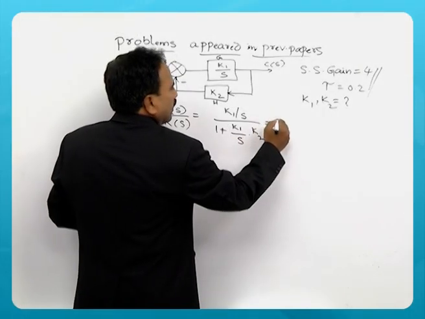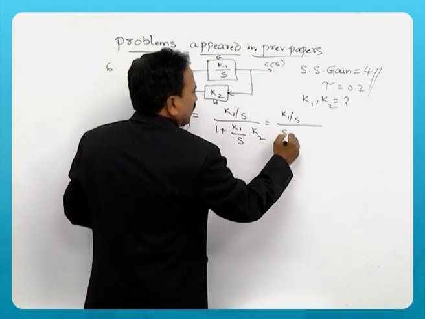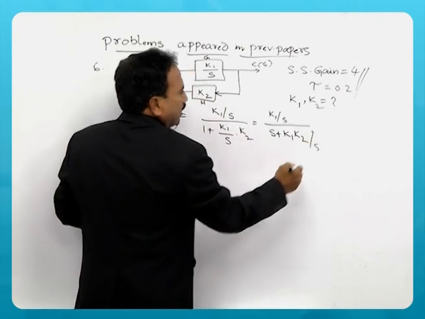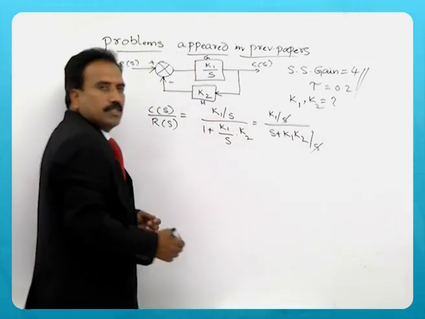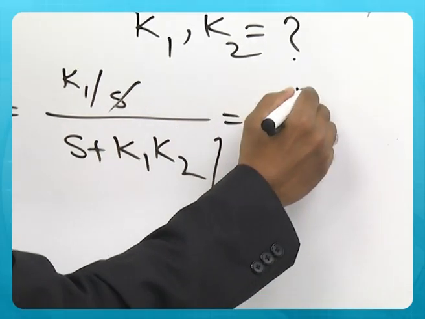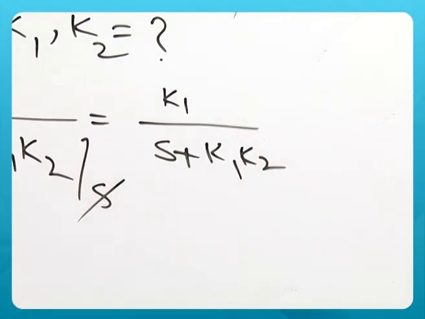So this can be k1 by s by (s plus k1 k2) by s, and this s gets cancelled and the function becomes k1 by (s plus k1 k2).